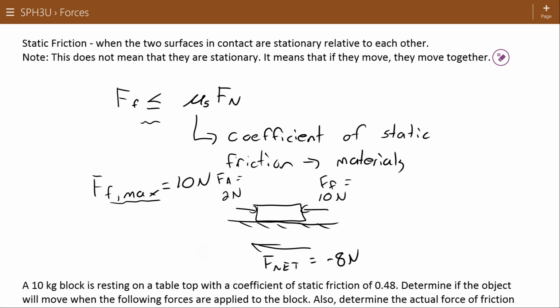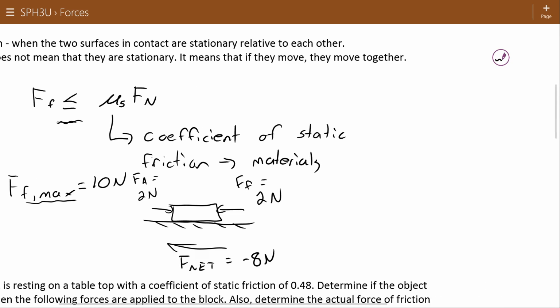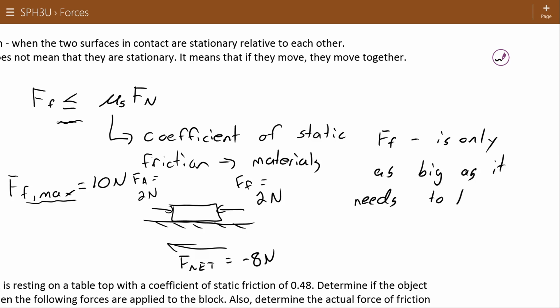What the actual frictional force does is it matches the applied force. And so we have a less than or equal to here because we have to remember that the frictional force is only as big as it needs to be to resist the motion.